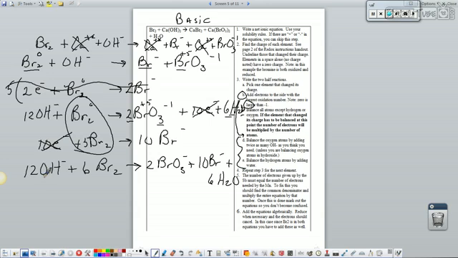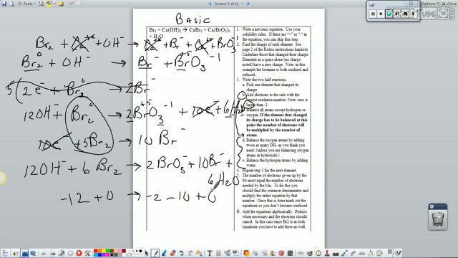We have 12 O's, and we have 6 plus 6 is 12 O's. We have 12 H's, and the main thing is do our charges balance. I have minus 12 on this side plus 0 yields minus 2 plus, won't be a plus, it'll be a minus 10 plus 0.